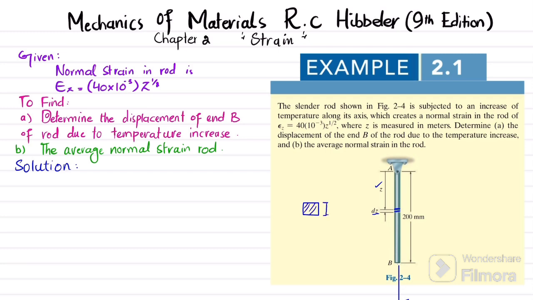Okay, now you can see due to the increase in temperature there will be a change in length of this small portion dz. So let this new length be equal to dz dash, and we know that strain is equal to change in length divided by original length.